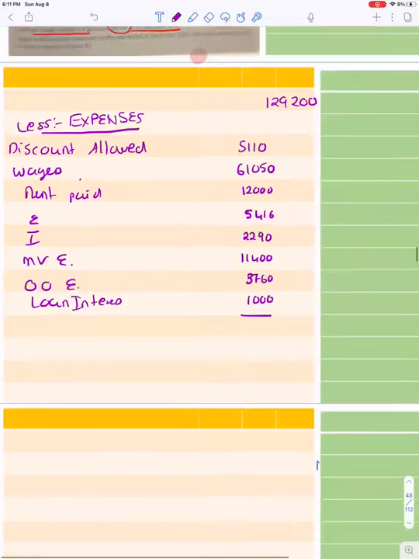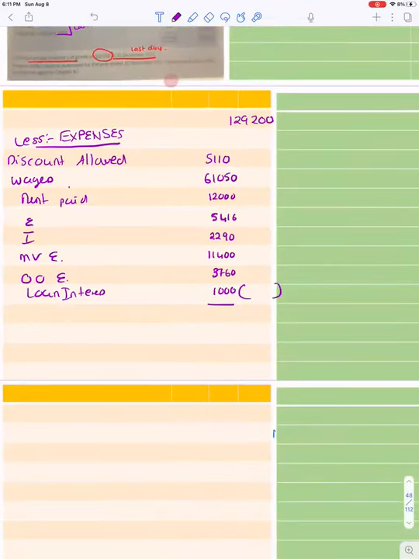I will total all the expenses and I will subtract from the outer column. First total all of them. 5,110 plus 61,050 plus 12,000 plus 5,416 plus 2,290 plus 11,400 plus 3,760 plus 1,000 is giving me a total of expenses of 1,02,026.